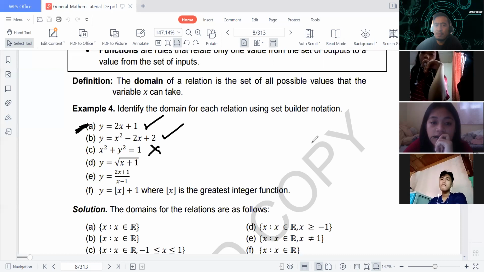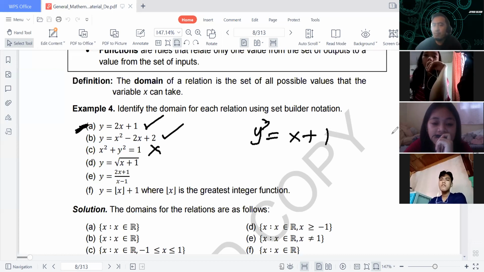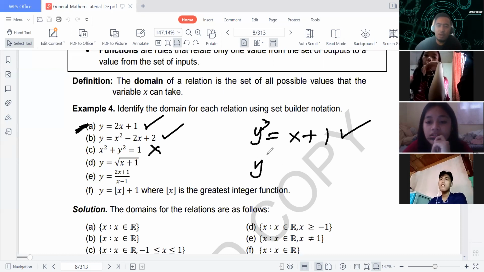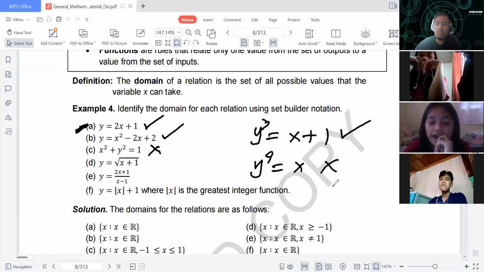How do you know that your equation is a function or not? If the exponent is even, it is not a function. Example, y cubed equal to x plus 1. Is it a function? Yes, it is a function. How about y to the power of 4 equal to x? Not a function.